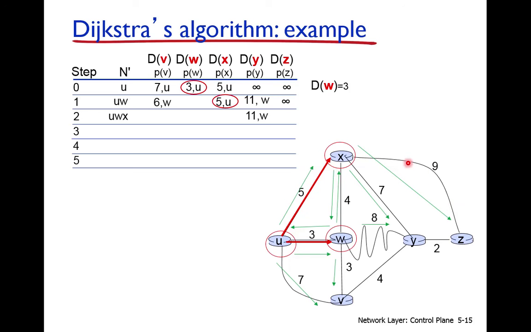Now if you consider this link, the shortest path from u to x is already computed, it is 5, and from x to z, if you consider this newly explored link, it's 9. 5 plus 9, 14. So the distance from u to z via x is 14, and the already recorded distance from u to z is infinite.